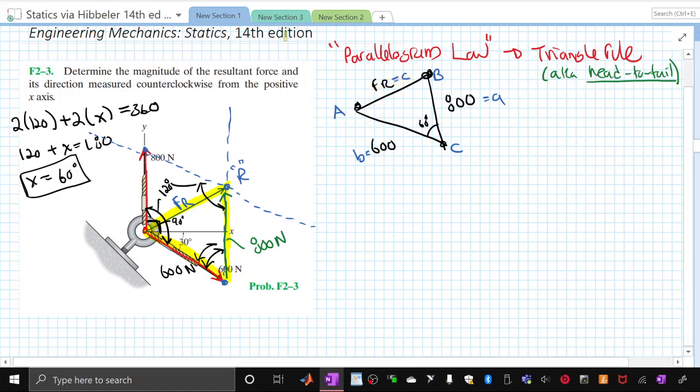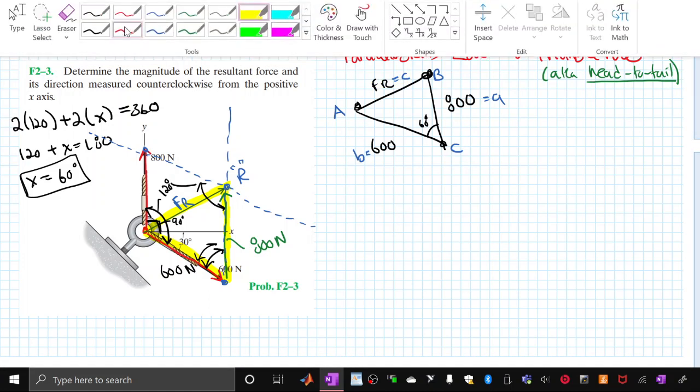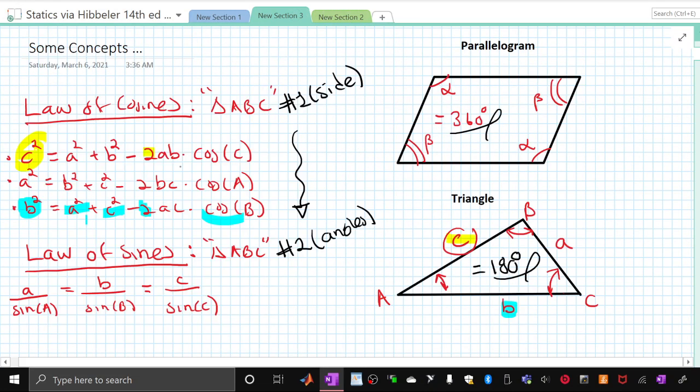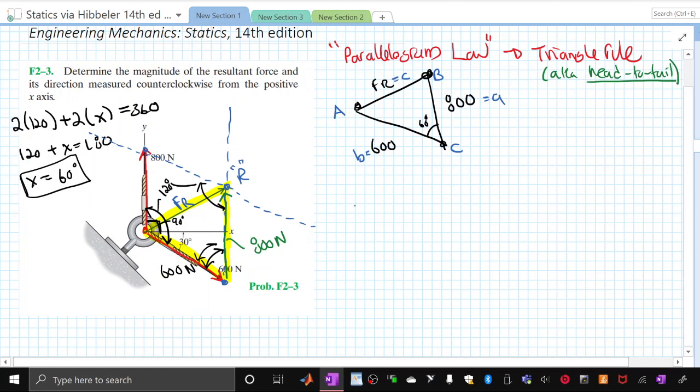Okay, so right now we're going to apply the law of cosines. Because we want to find c, I'm going to use the version of the law of cosines that uses c. But remember, we're not going to memorize formulas here. We're going to learn together.